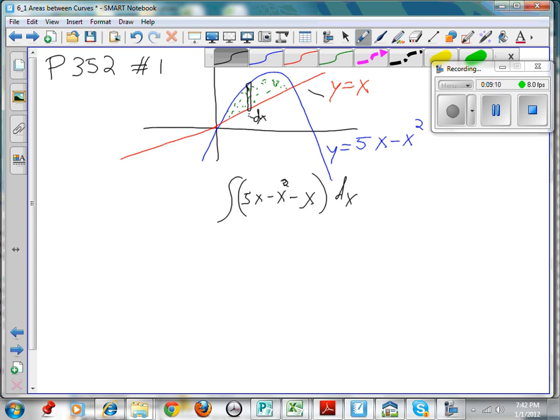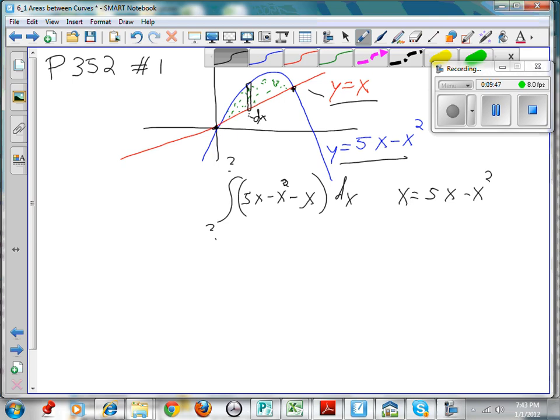And I'm going to integrate from what to what? Well, I need to know where they intersect, first of all. I need to know the limits. You might think that at 0 they intersect because of the curve, and you'd be right. But how in general do you do this? In general, you're going to set one curve equal to the other. So where does x equal 5x minus x squared? I want to find the points of intersection here.